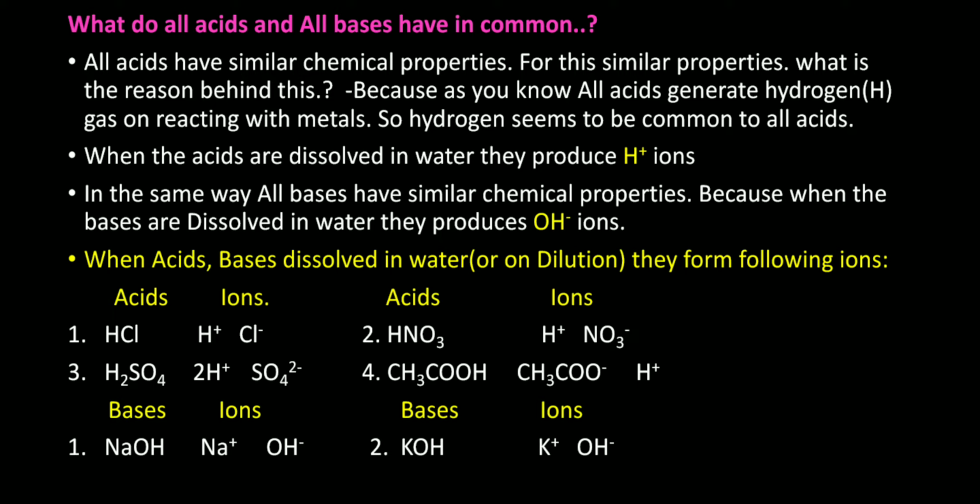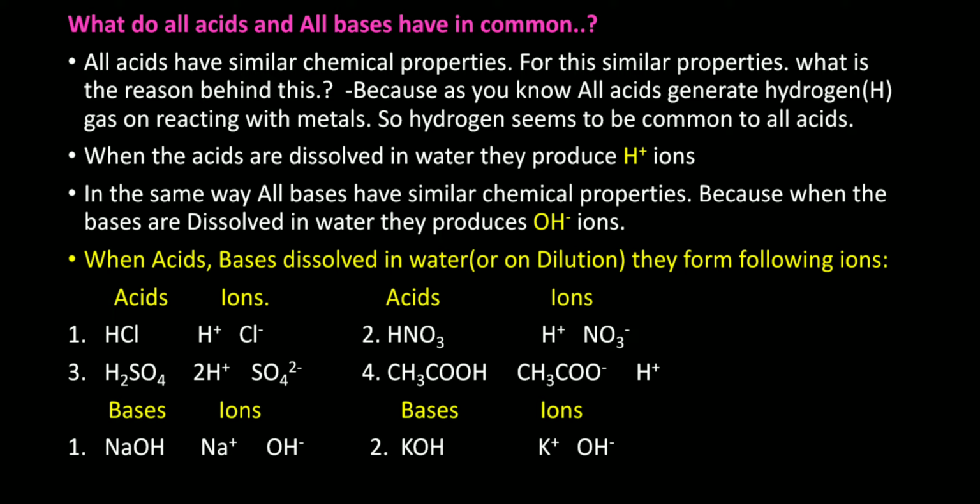All acids have similar chemical properties. What is the reason behind these similar properties? As you know, all acids generate hydrogen gas on reacting with metals. When acids react with a metal, they generate hydrogen gas.